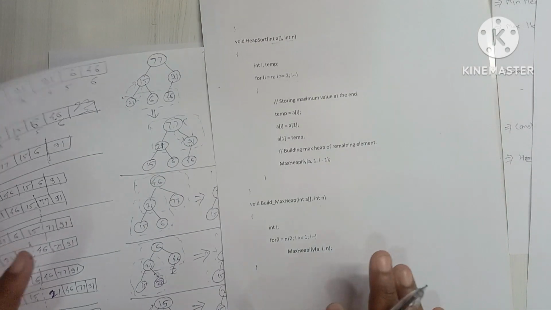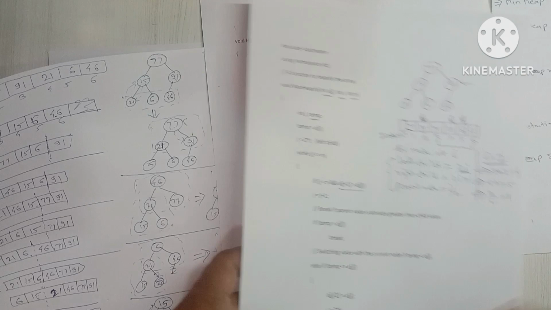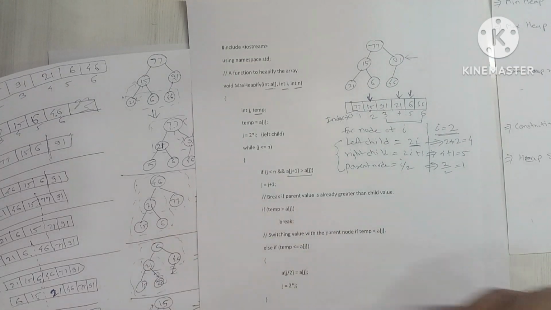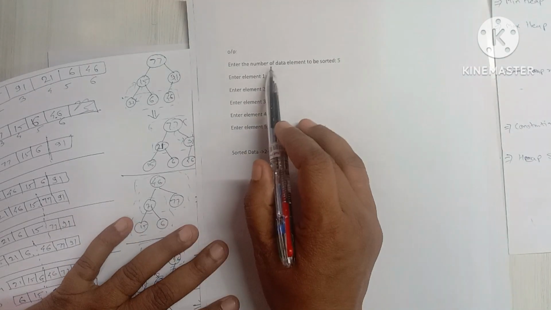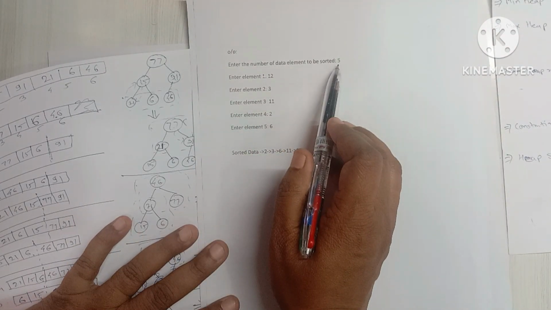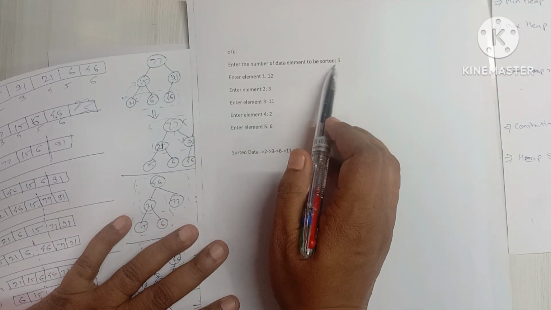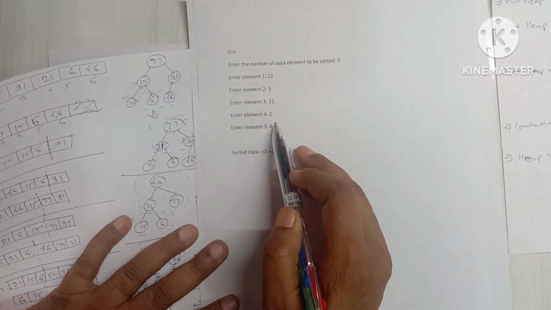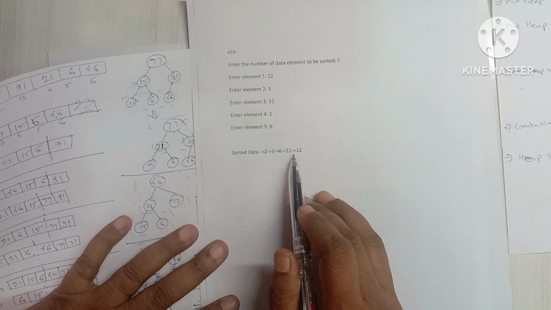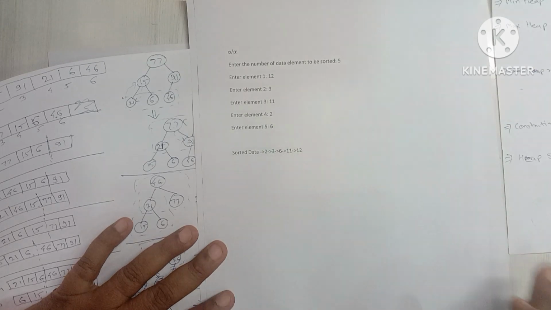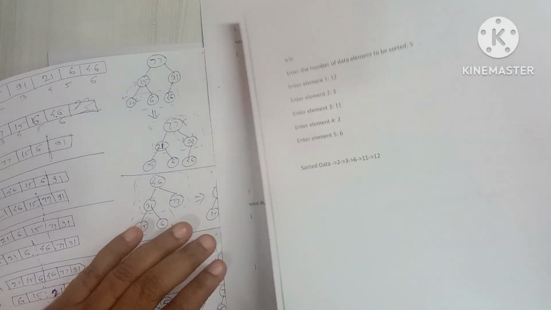In this way the heap sort function will work. Now what will be the output of this particular program? If you enter the number of elements as 5 and these elements, it will display the sorted elements 2 3 6 11 12. In this way we can perform heap sort.